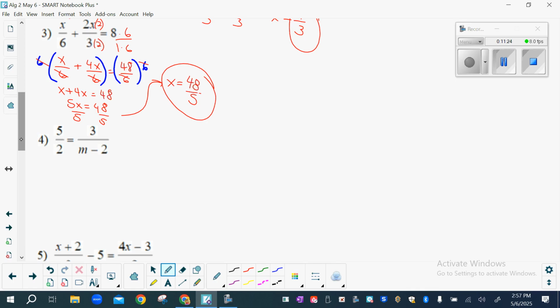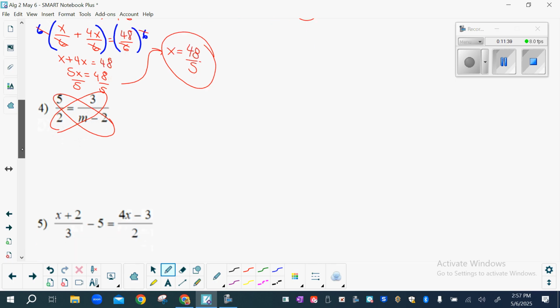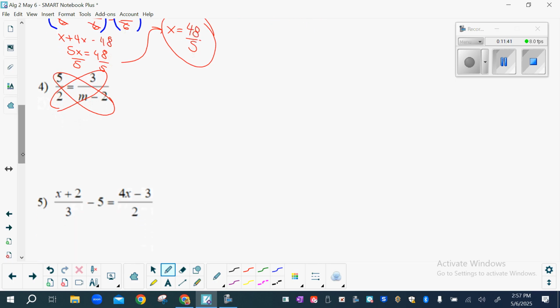Cross multiply. So remember, when you have a fraction equal to a fraction, you can cross multiply. So we can multiply these two and set them equal to these two multiplied together. That's a good question though.